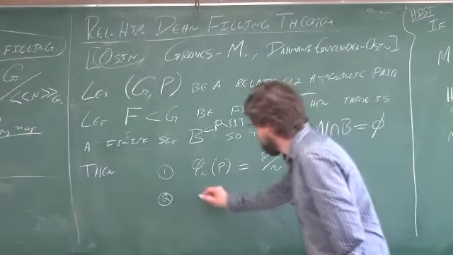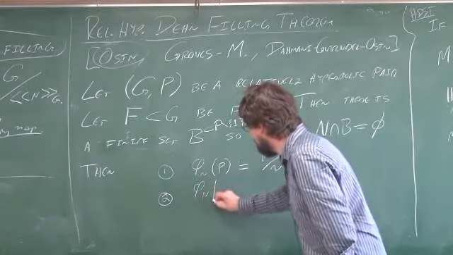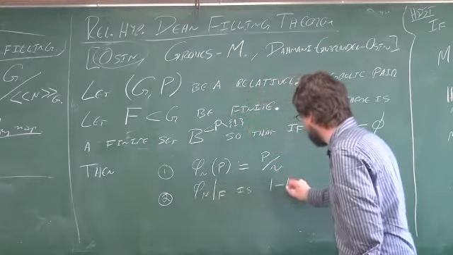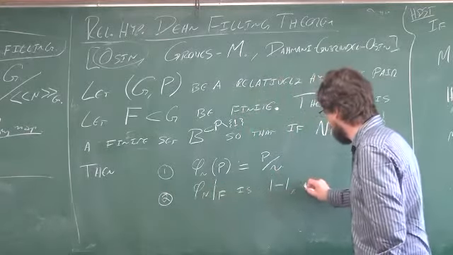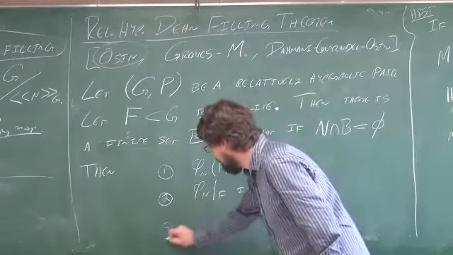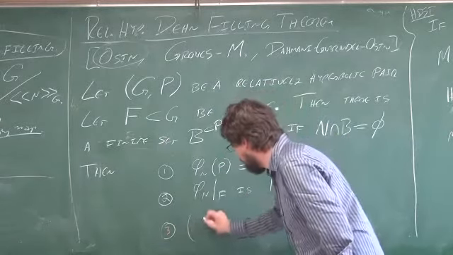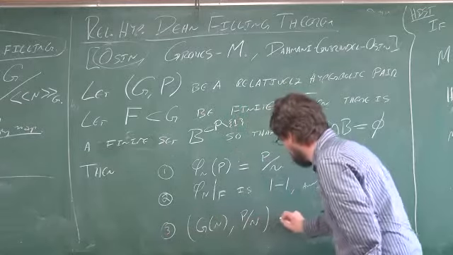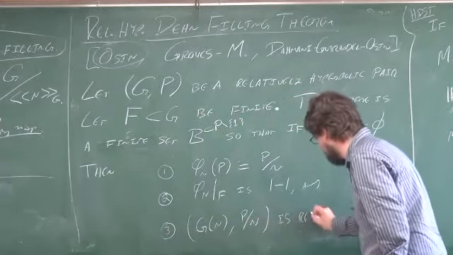Second is that phi sub n restricted to F is 1 to 1. And then 3, if I look at the pair G of n comma P mod n, this is relatively hyperbolic.